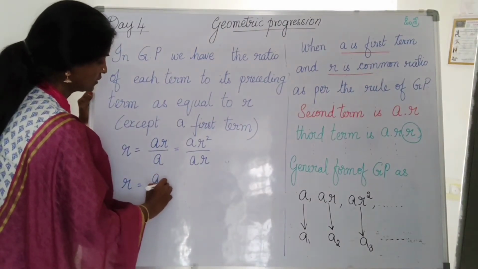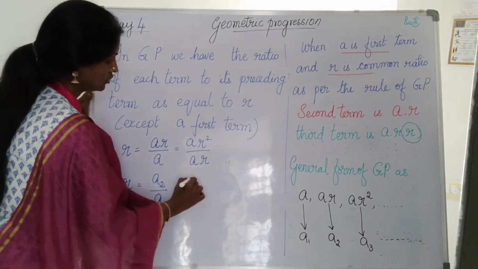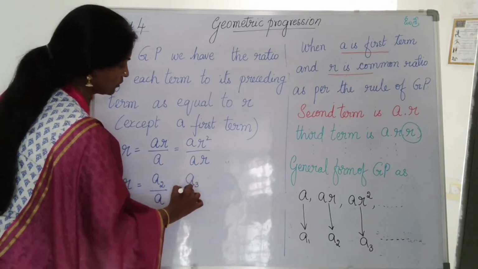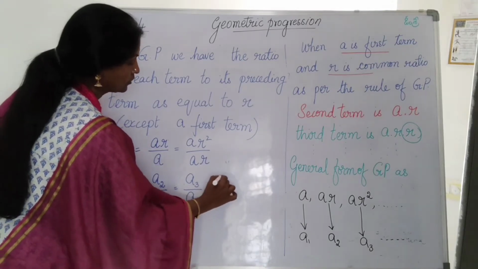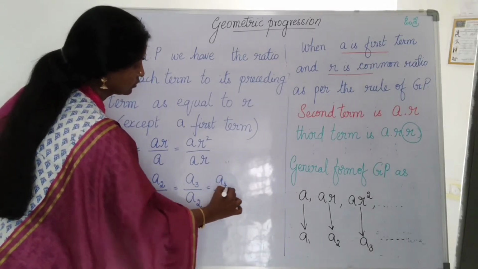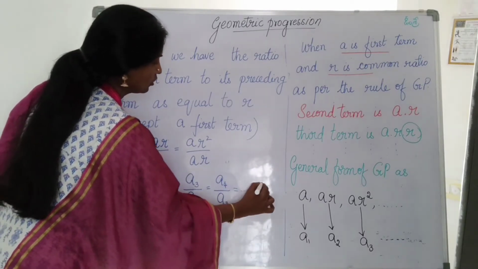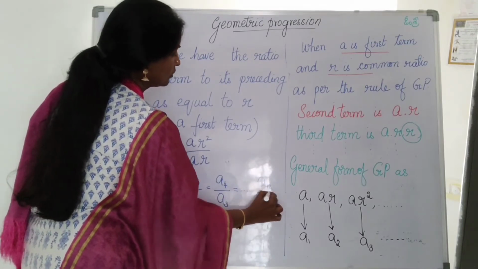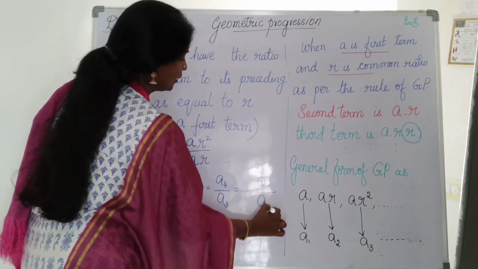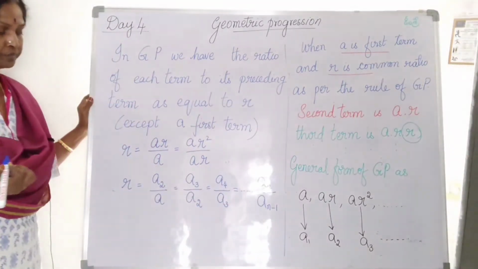The ratio of the second term to the first term is equal to the ratio of the third term to the second term, and the fourth term to the third term, and so on. You can say that A N by A N minus 1 is always equal to R.